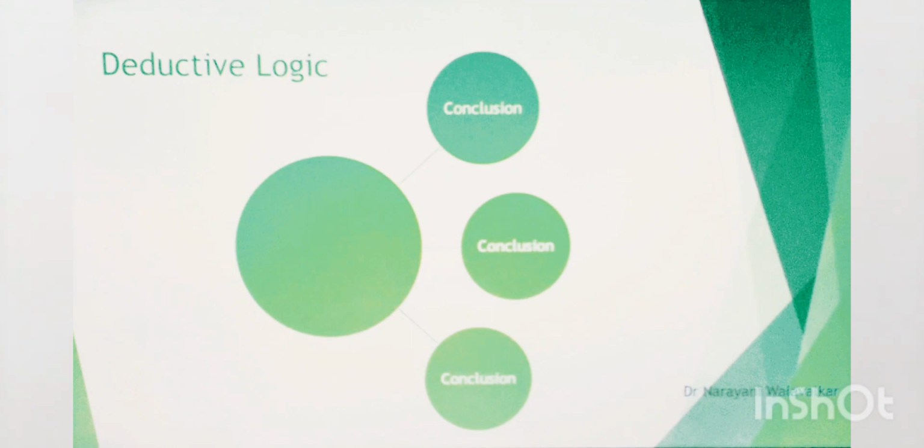Now we'll come to the second type of logic, that is deductive logic. Deductive logic is exactly the opposite of inductive logic; it is the reverse. How? In deductive logic, from a general premise, you reach a particular observation.